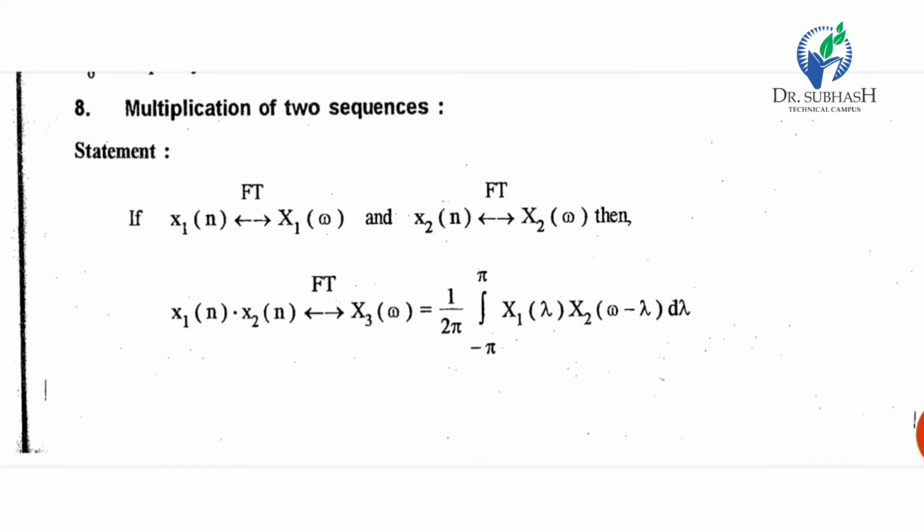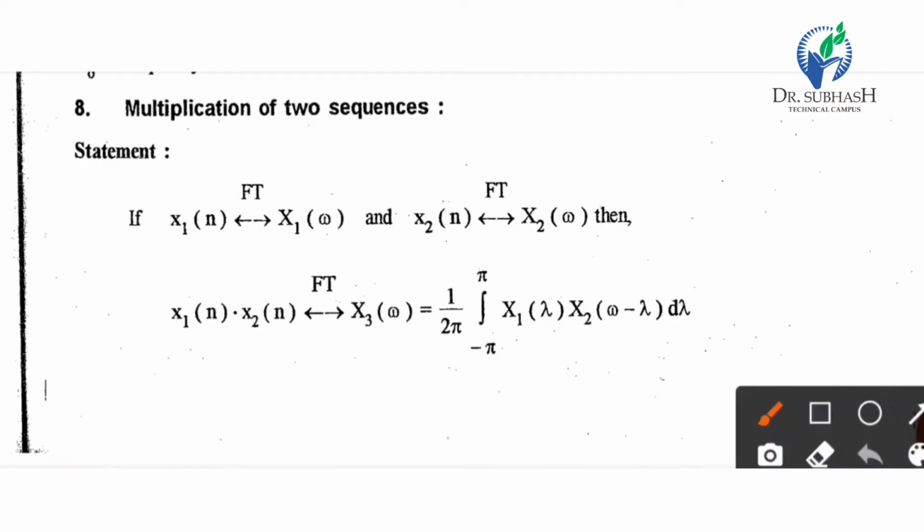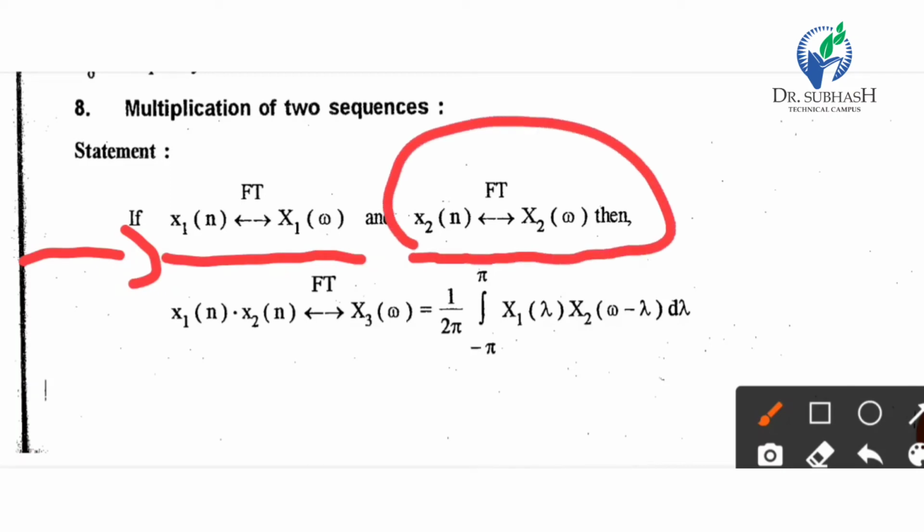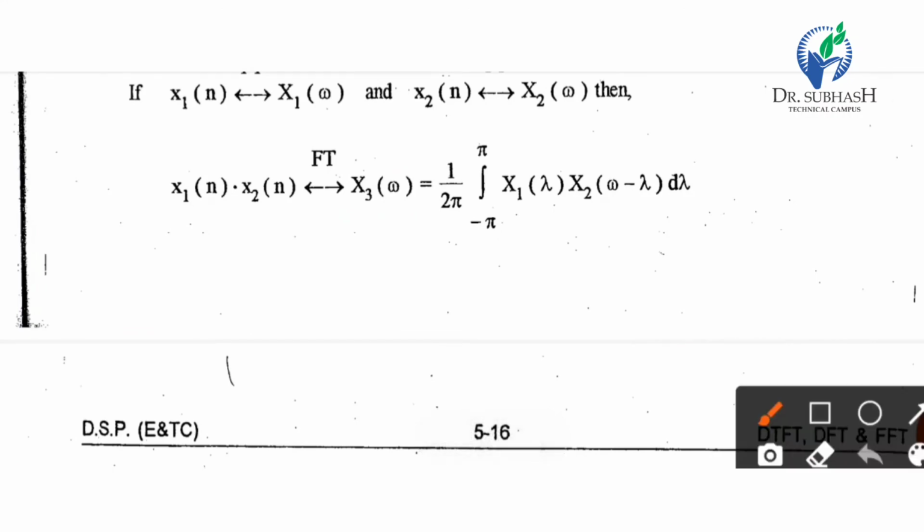If x1 of n has Fourier transform x1 of omega and x2 of n has Fourier transform x2 of omega, then x1 of n multiplied with x2 of n has Fourier transform x3 of omega equal to 1 upon 2 pi times the integral from minus pi to pi of x1 of lambda multiplied by x2 of omega minus lambda d lambda.